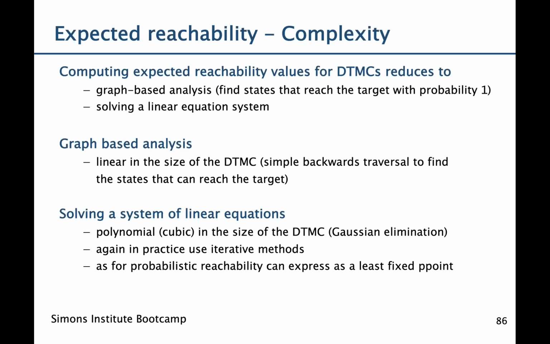As for probabilistic reachability, this is polynomial, or cubic, in the size of the DTMC. And again, in practice, we would actually use iterative methods as opposed to solving a system of linear equations. And as for probabilistic reachability, we can express this computation as a least fixed point.